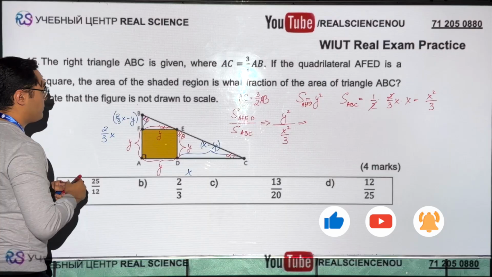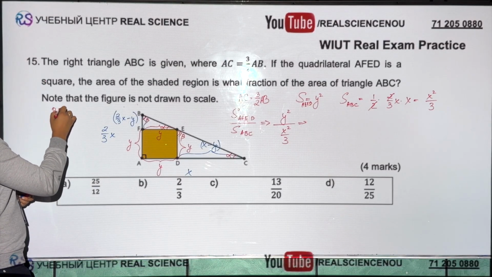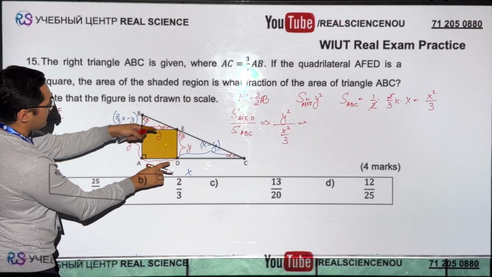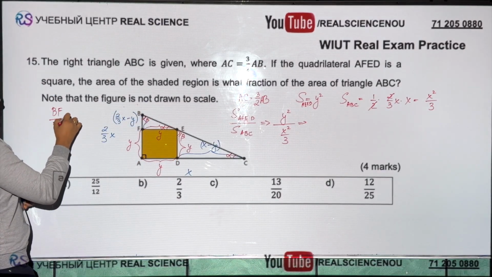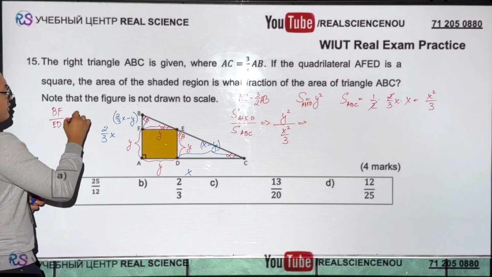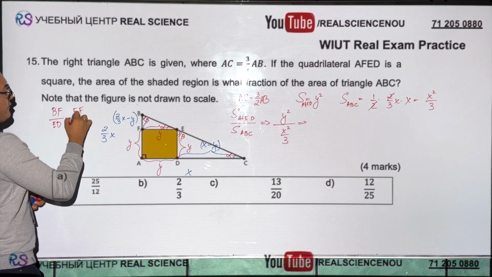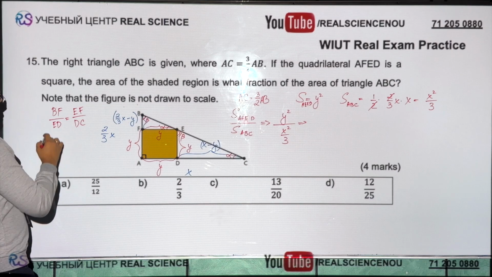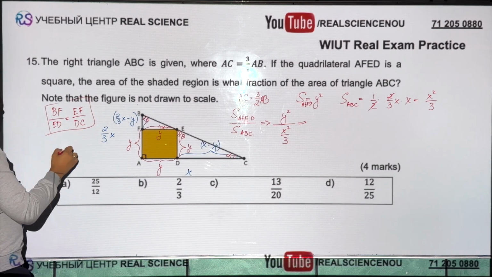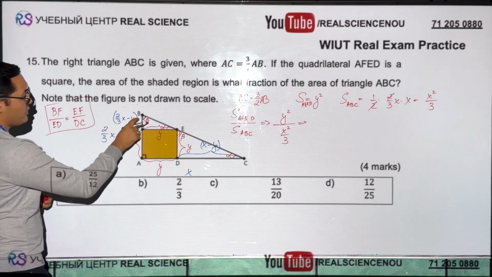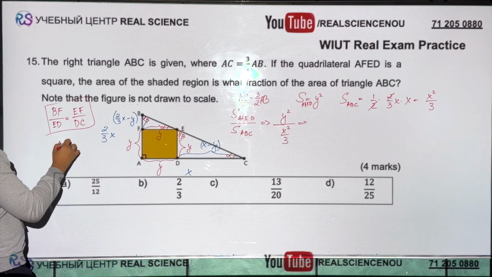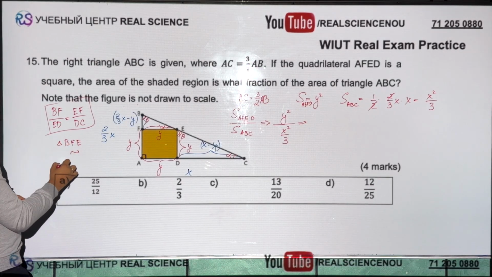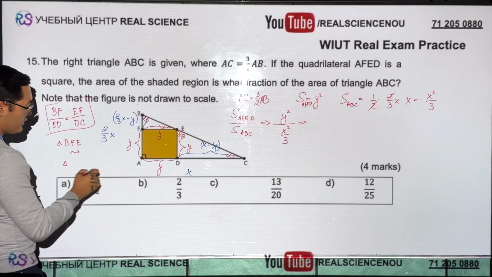That's why we can say that BF, this side, divided by the side ED is equal to EF divided by the side DC. Based on that, the triangle BFE is similar to the triangle EDC.